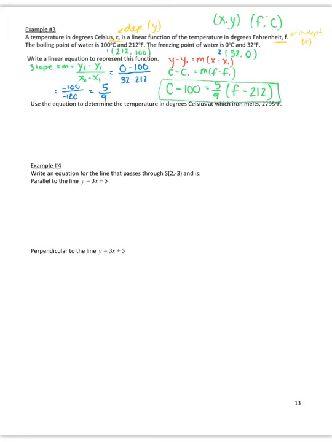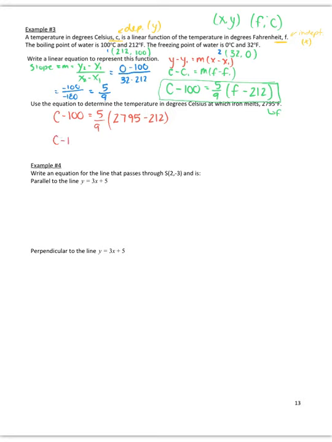Use the equation to determine the temperature in degrees Celsius at which iron melts. So we're going to solve for C given F. Let's sub into our equation. C minus 100 is equal to 5 over 9 times 2,795 minus 212.